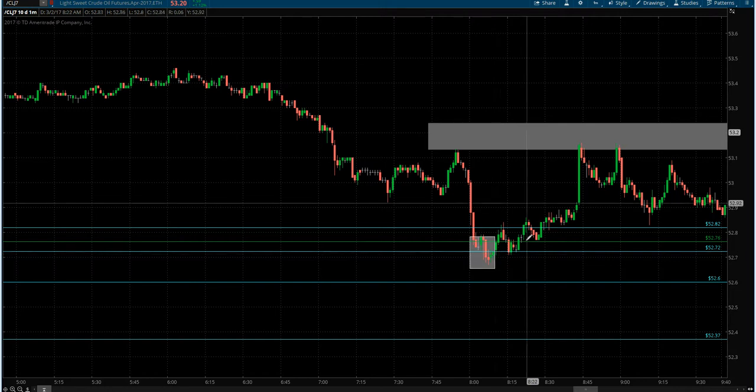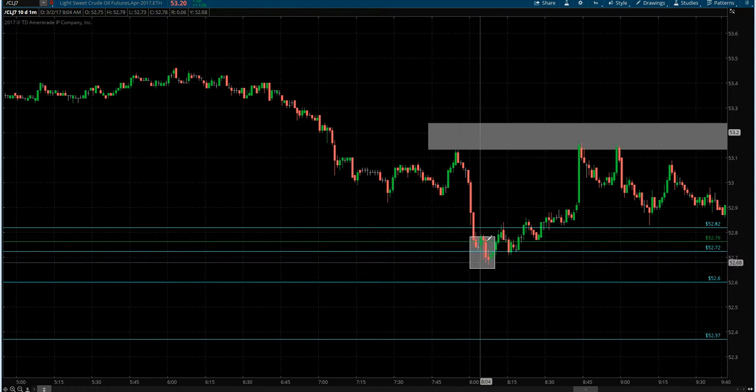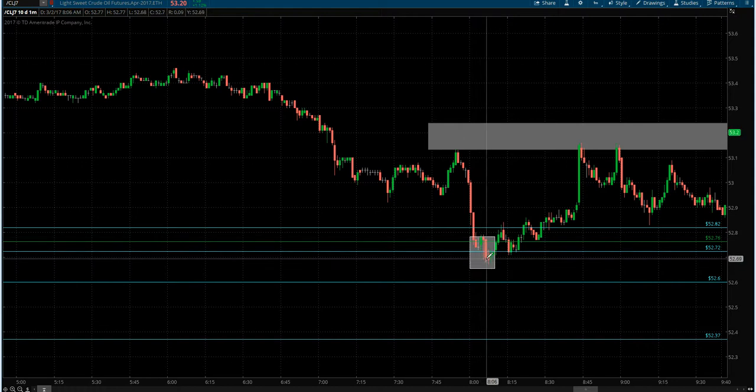Just an example, right? So you'll just average within these two ranges, and while you're dumping your position out, you're playing the other side as well, trying to cover and buy at the same time, because now the market maker is selling your position, you're covering your position.